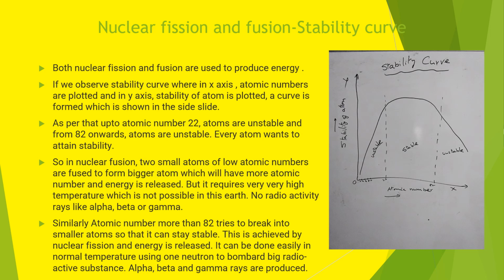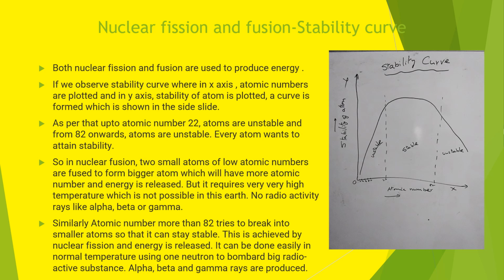Nuclear fission and fusion: stability curve. This stability curve helps to know how we define the lower limit and higher limit for atoms to become stable. Both nuclear fission and fusion are used to produce energy.